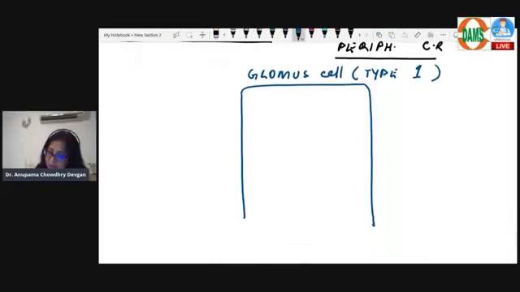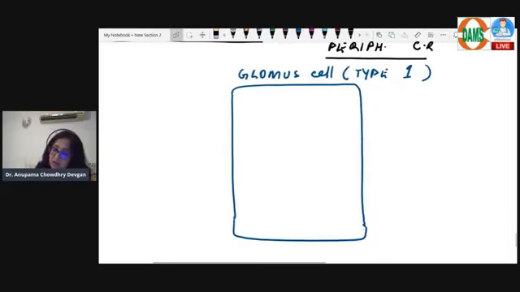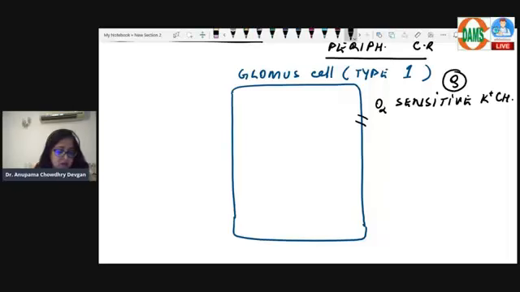Now this glomus cell in the carotid body has a special type of channels called oxygen sensitive potassium channels. This has been asked as a NEET question as well.